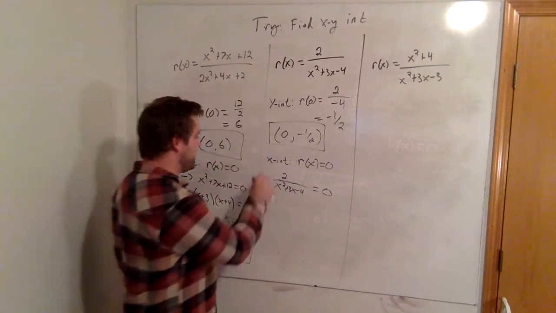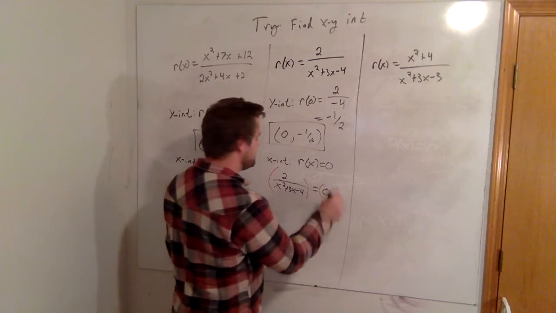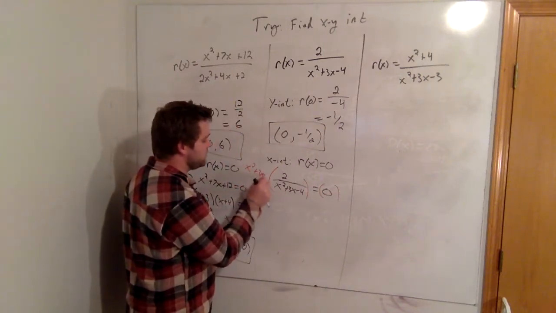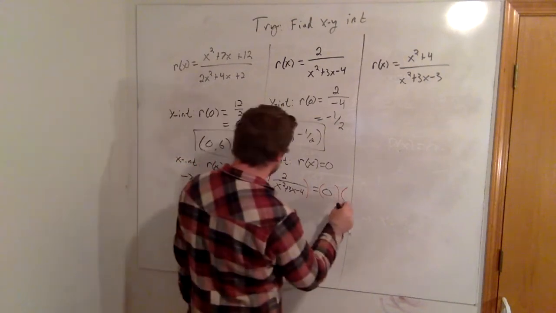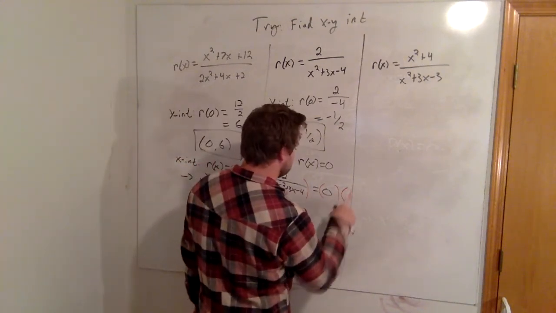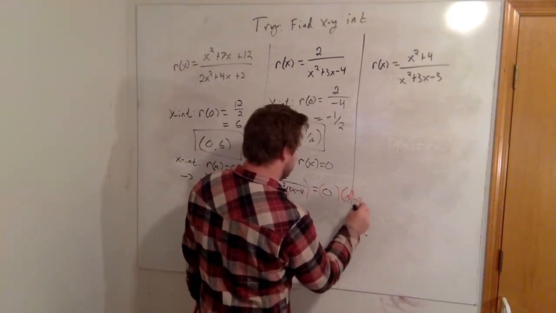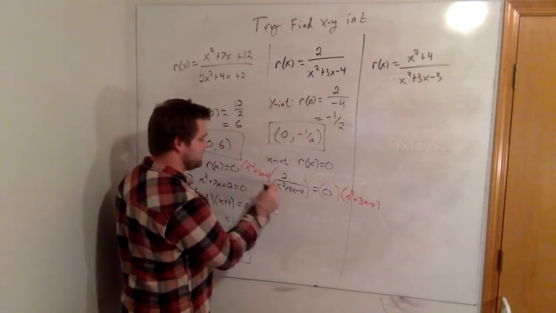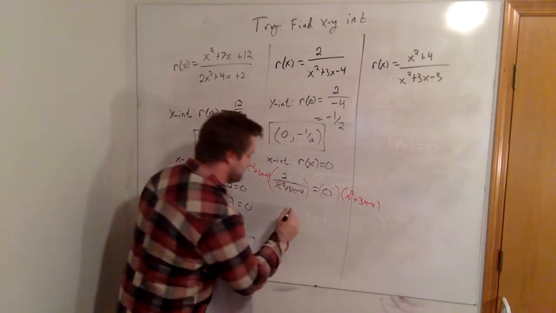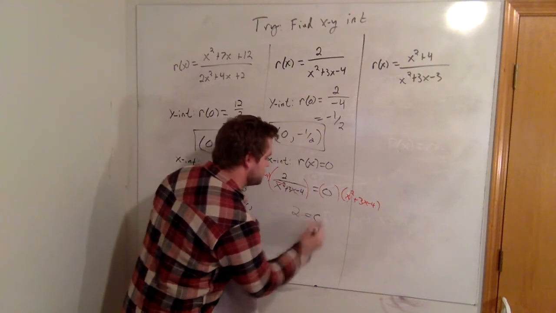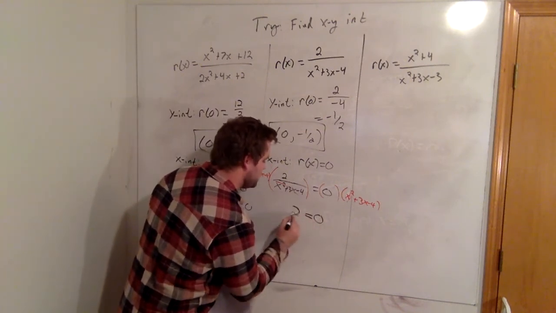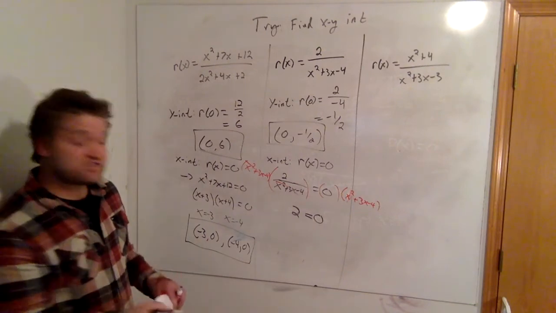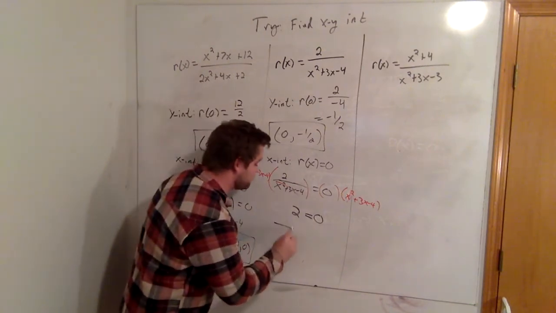You would clear the fractions. I'd multiply by x squared plus 3x minus 4 on both sides. These cancel, and I'm just left with 2 equals 0. Well, last time I checked, this is not true. This is what we call a contradiction.